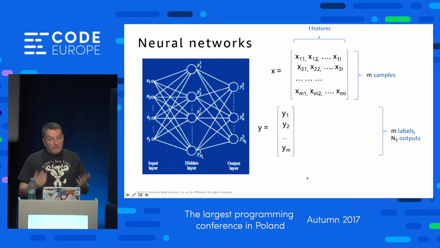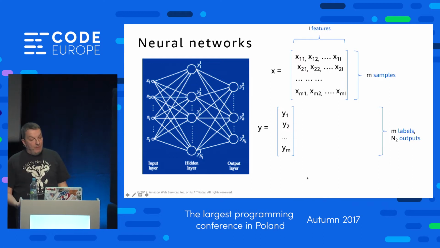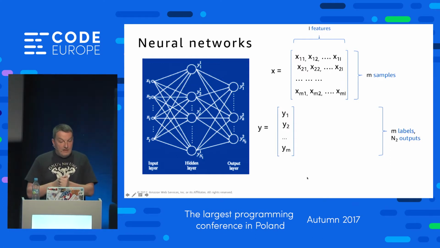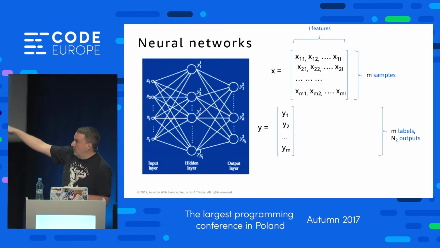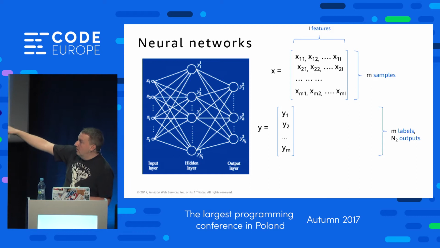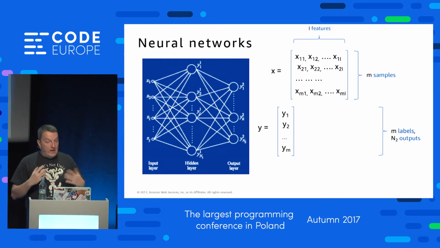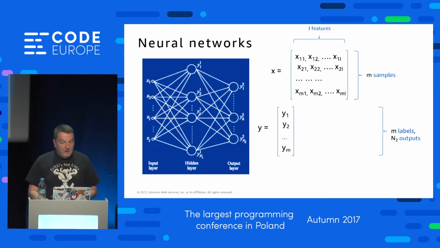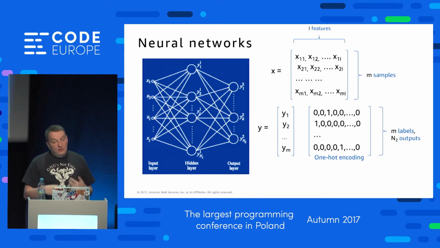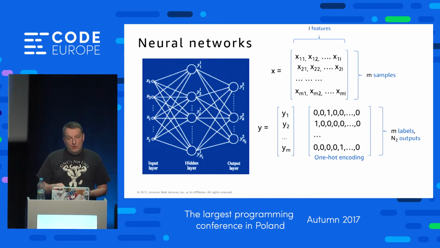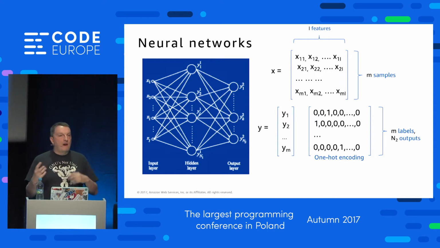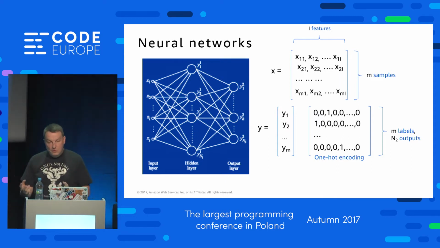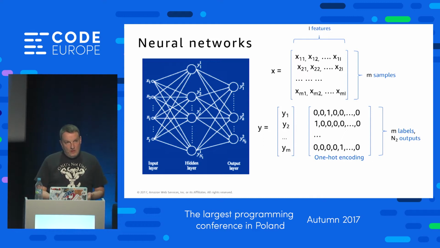So I've got M samples, so I've got M labels, and on the right-hand side, on the output layer, I've got N2 output neurons, so N2 possible categories. And actually, I'm not going to use those values. I don't care so much that it's category 5 or 6 or 62, because it's not really practical.